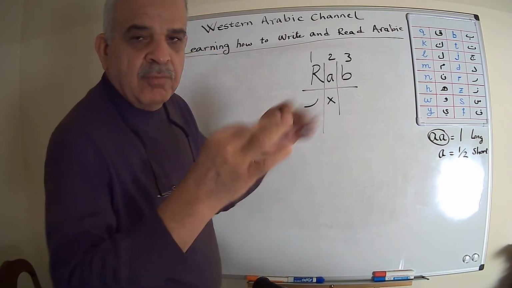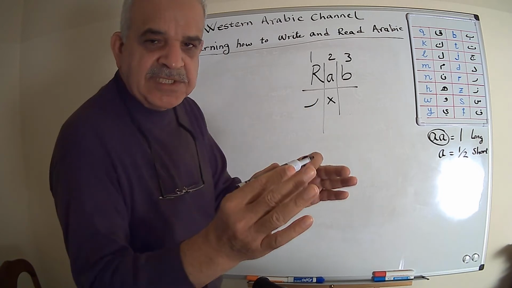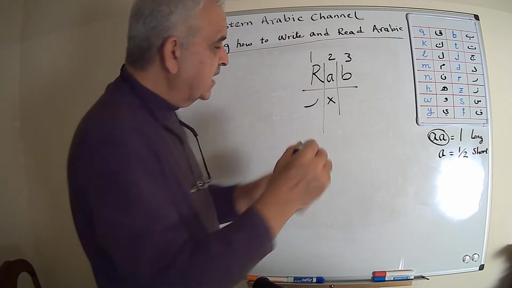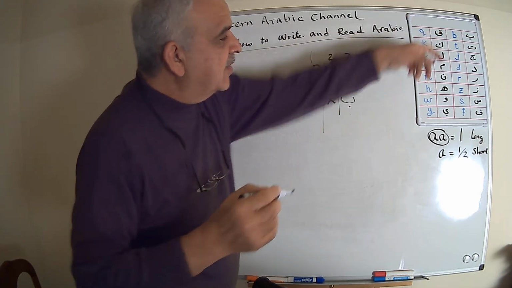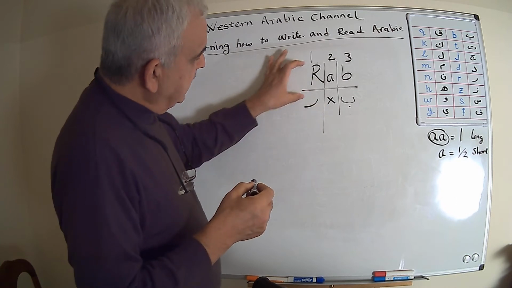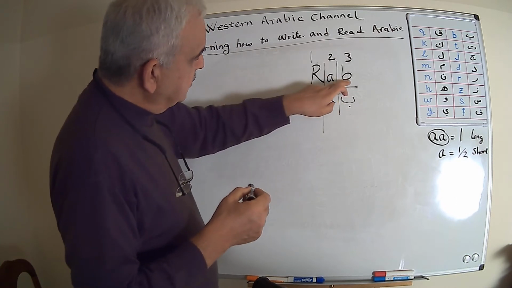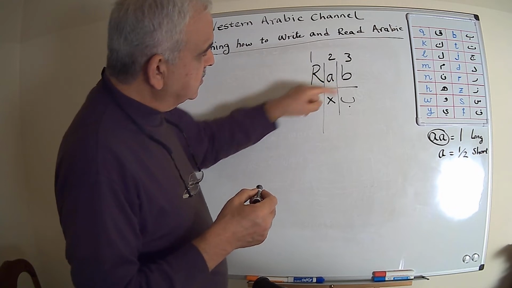There is no movement, it's fixed, as in English. We are dealing with Arabic as English. Then this is Ba. If you look at the Ba at the top, this is Ba. So these are the letters equal to the English letters, which represent the word Rabb.